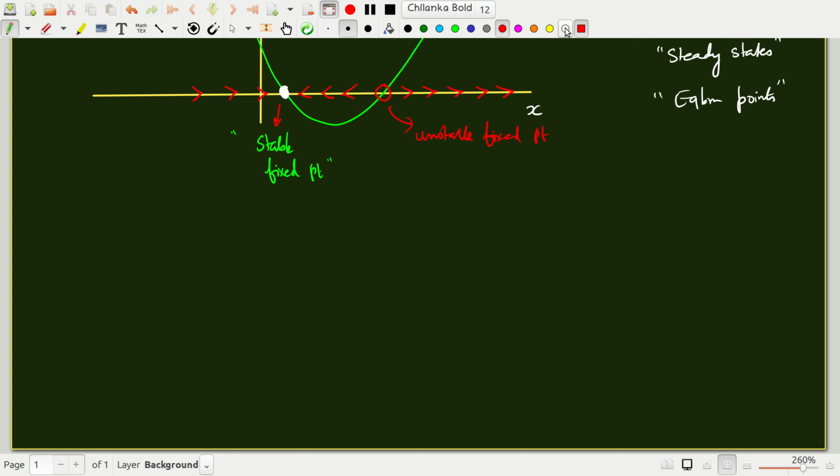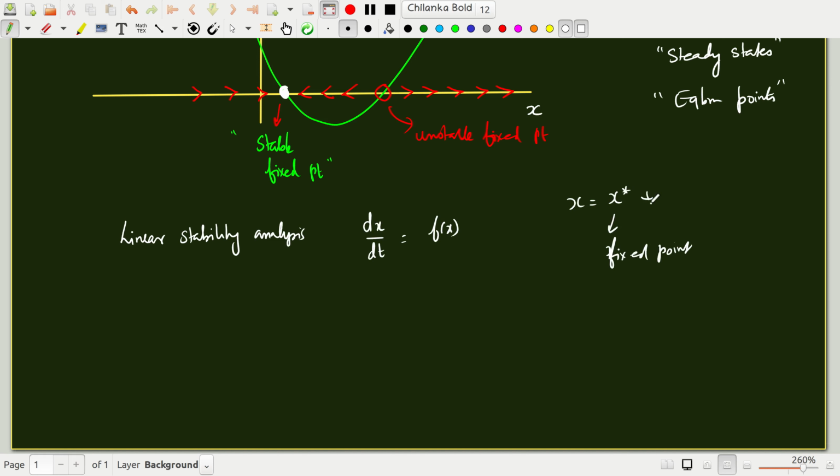Now to understand this more quantitatively, we did what is called a linear stability analysis of this simple nonlinear equation. We said that x is equal to x star, which is the fixed point, plus a deviation eta, and then if I substitute this back, I'll get d eta dt on the left side. I Taylor expand f of x star plus eta, substituting x as x star plus eta.